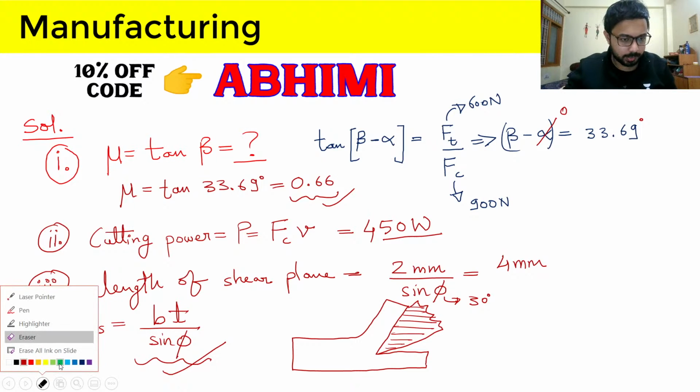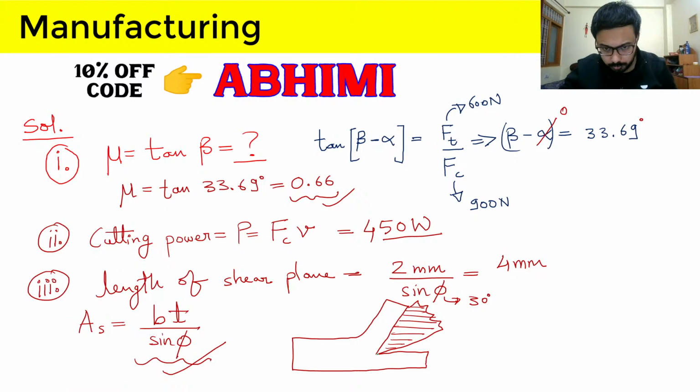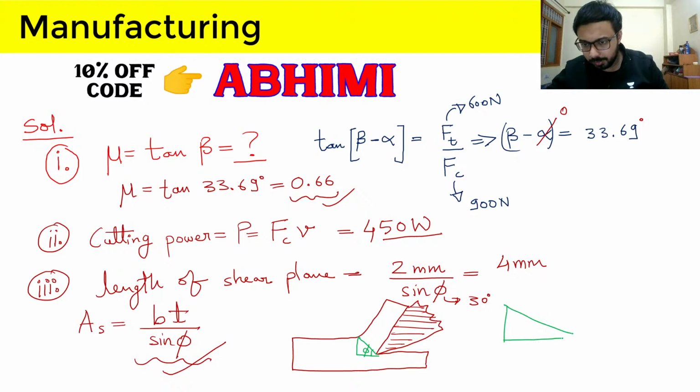So let me draw it by using a different color. So this is your shear plane, and this is your shear plane angle, shear angle. So let's zoom into this right angle triangle here.